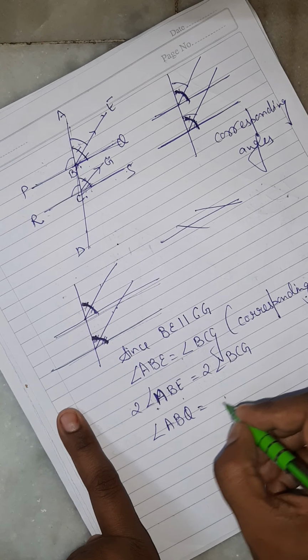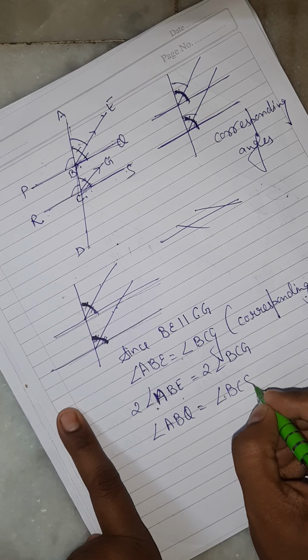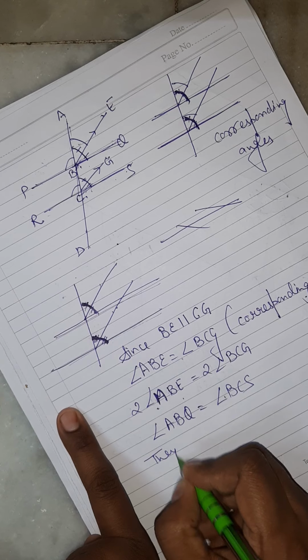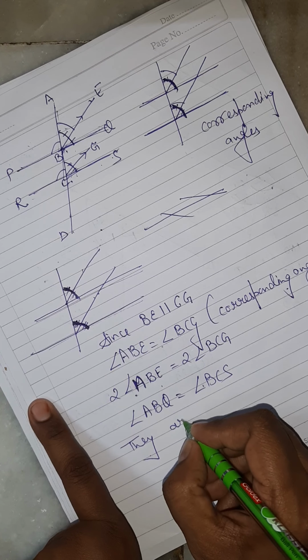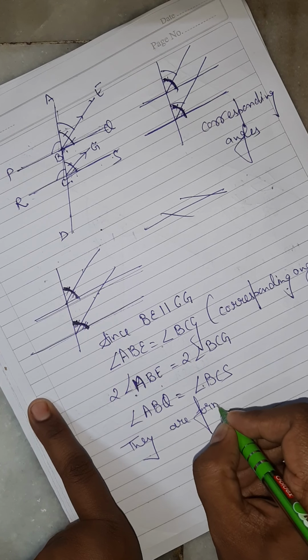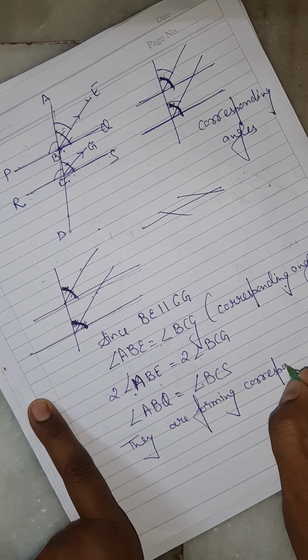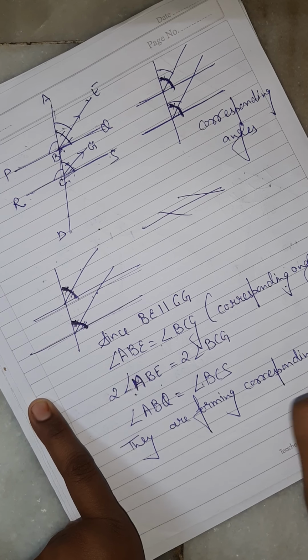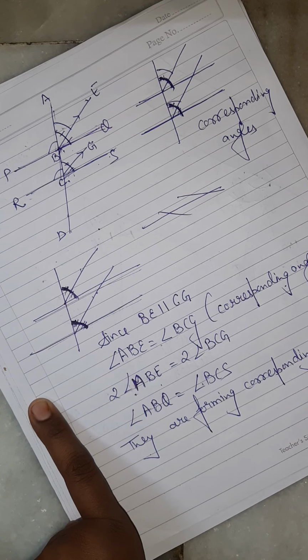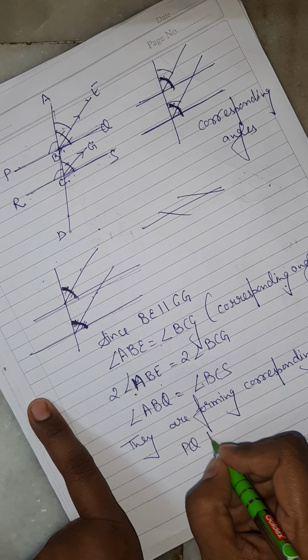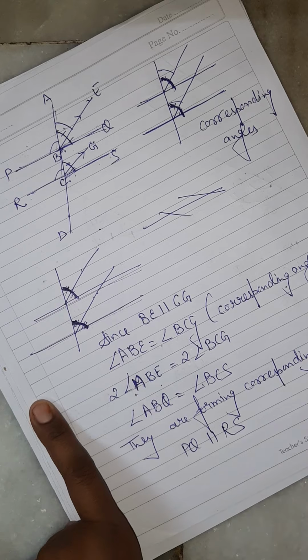We will get angle BCS, and they are again forming corresponding angles. So, we can easily say that PQ is parallel to RS.